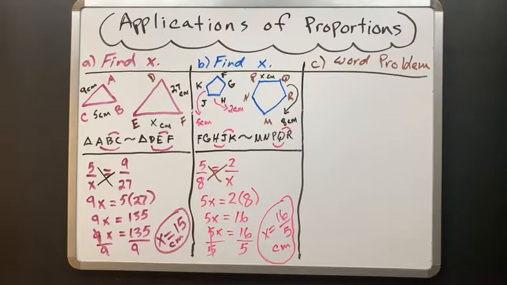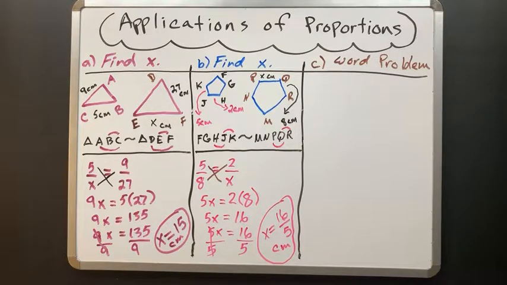Now we're going to get into a real world problem that could actually happen, still dealing with the application of proportions. Let's say we have a person who is standing next to some kind of pole, telephone pole, light pole, utility pole.